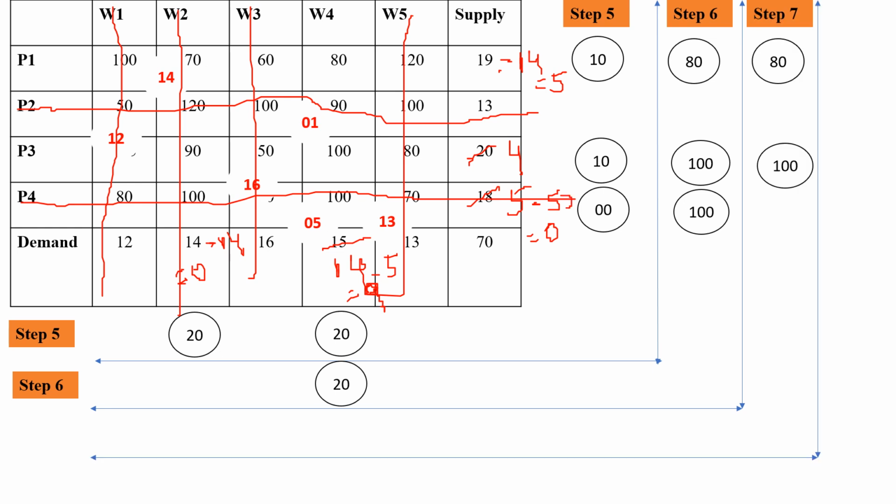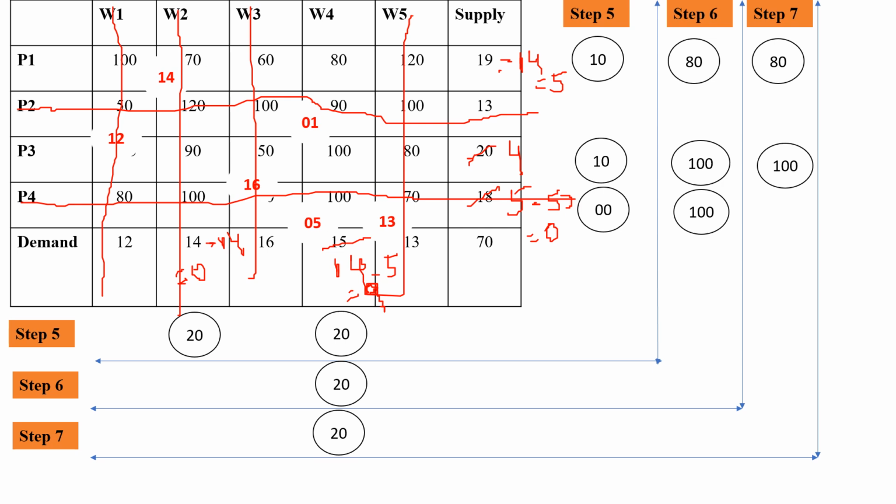In step number 7, only P1 has the 80 available. P3 only 100. Similarly in the column, only 20, 100 minus 80, that is 20 units, has not been fulfilled yet. Here the difference of 100 is the highest one, so you have to apply.